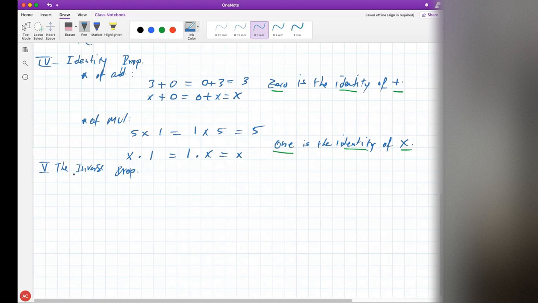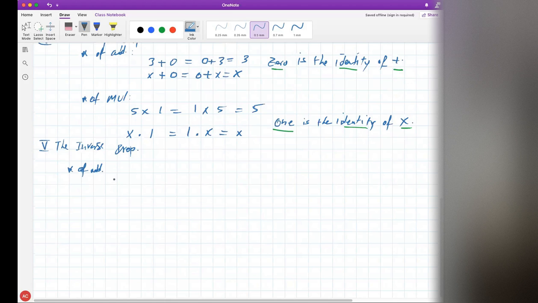There are also two here: one for addition, and the other for multiplication. So let's do the addition one first. When you take any number from the number line we talked about last time, each number has an opposite on the other side. For example, positive 3 has an opposite on the negative side of the number line.